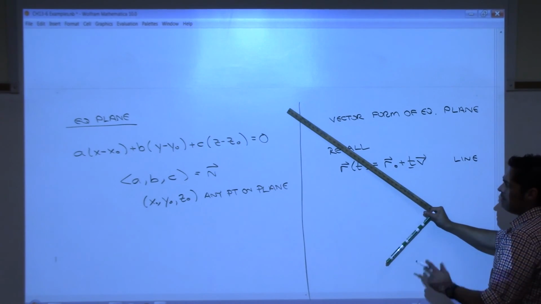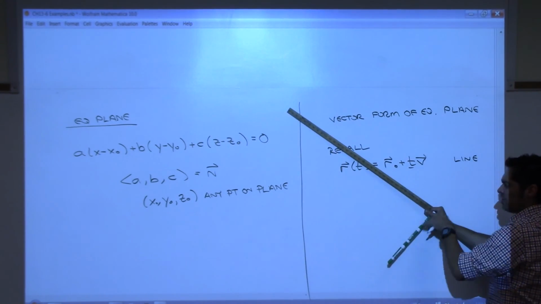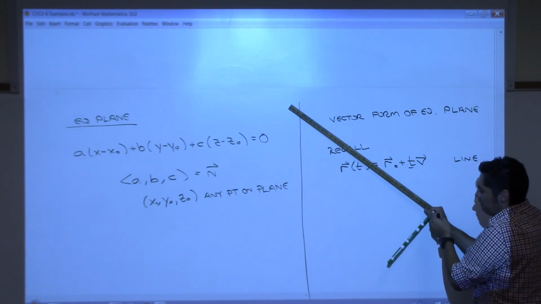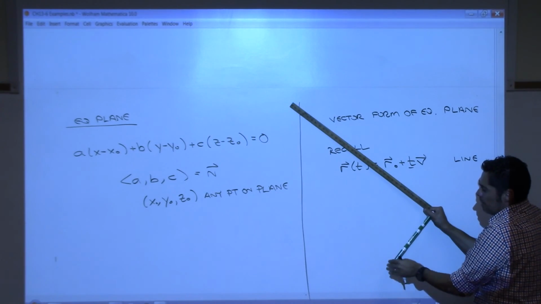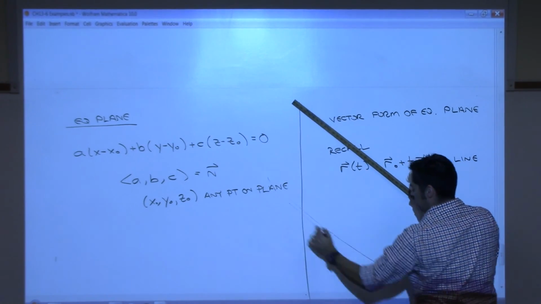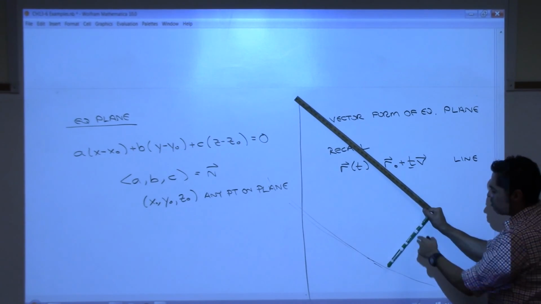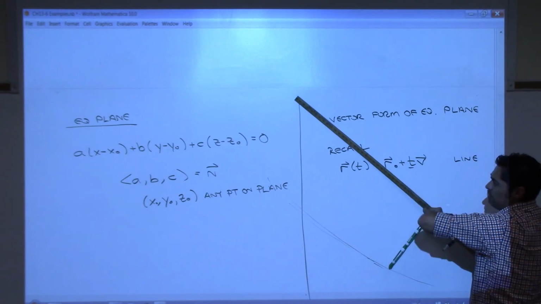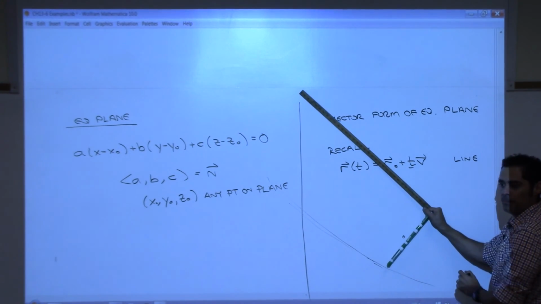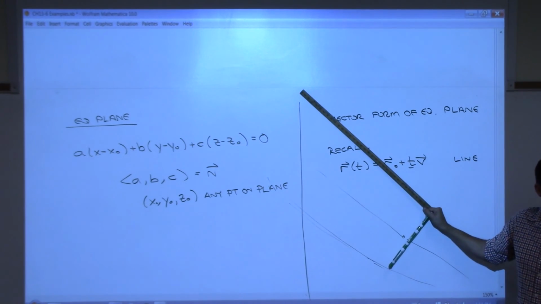If I take every multiple of this vector and just don't even care about this, it'll draw this line, won't it? Now, what if I add this vector to every one of those? Then I'll have another line that's parallel to this, won't I? What if I take every one of these vectors parallel to this line, and I add half of this one? I'll have another line going in each direction like that.